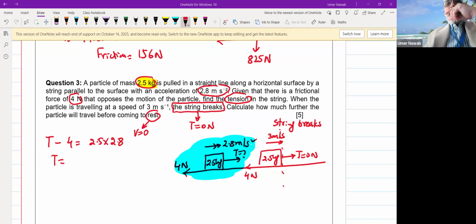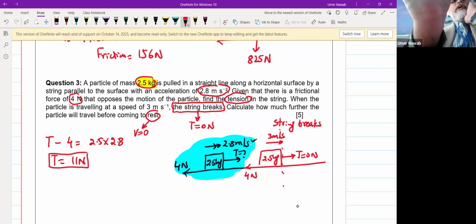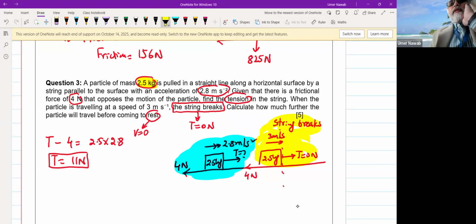So x minus 4 equal sign 2.5 times 2.8, shift solve, and the calculator gave me 11 newtons. So 11 newtons is acting on the string. Now the string breaks. We reach this situation. String breaks, so tension is 0.